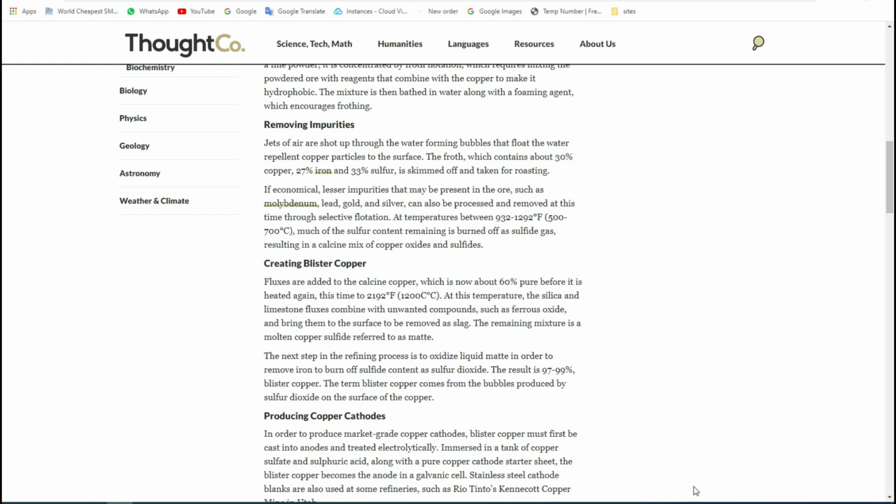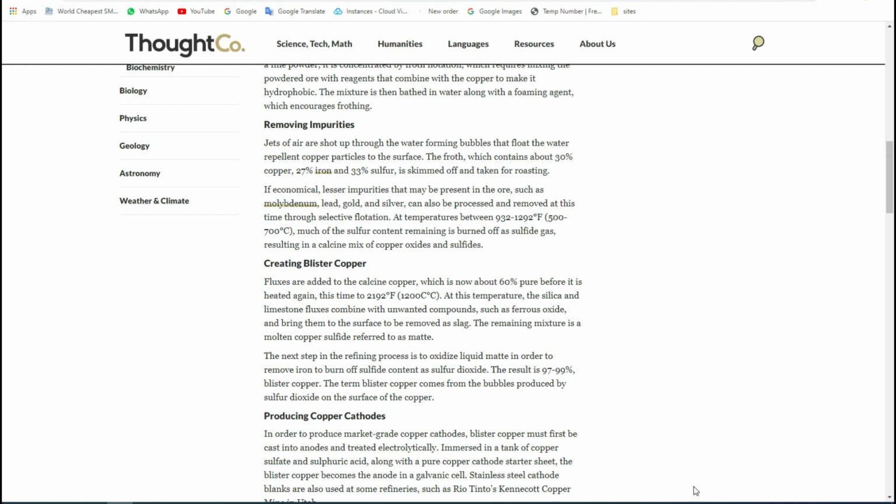The froth, which contains about 30% copper, 27% iron, and 33% sulfur, is skimmed off and taken for roasting. If economical, lesser impurities that may be present in the ore, such as molybdenum, lead, gold, and silver, can also be processed and removed at this time through selective flotation at temperatures between 932 and 1292 Fahrenheit.